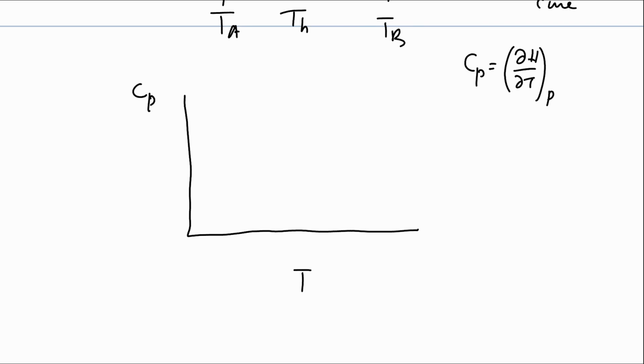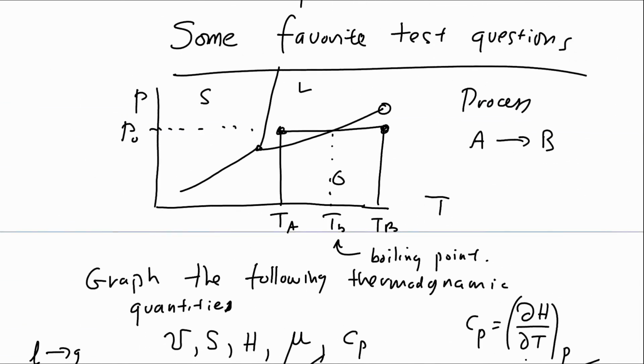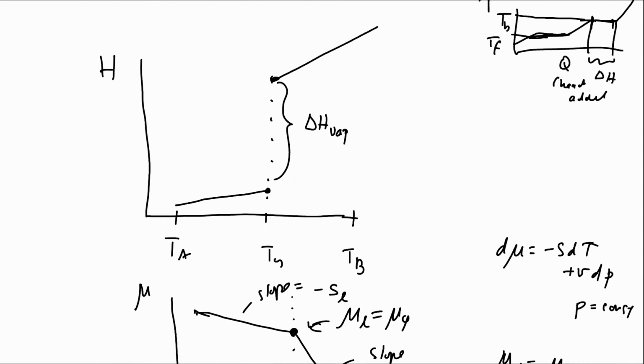But we're in the chemistry world now, and so we're talking about this picture, and we're working our way along this constant pressure. So if I look at this plot, I have a heat capacity that's that slope, and then I have a heat capacity over here that is a different slope, and it's steeper. So the heat capacity is less for the liquid than it is for the gas, the way I drew this.